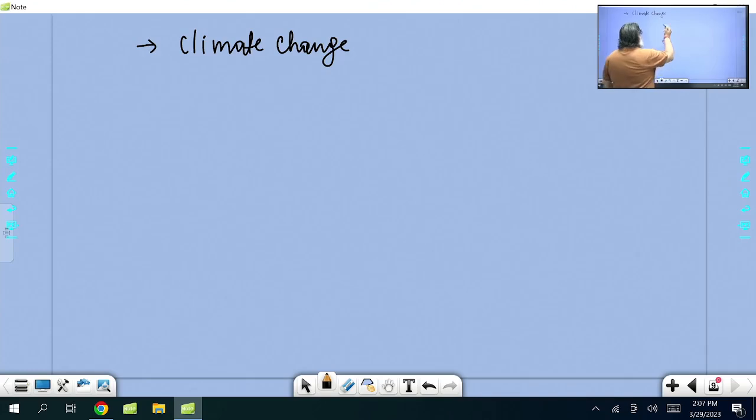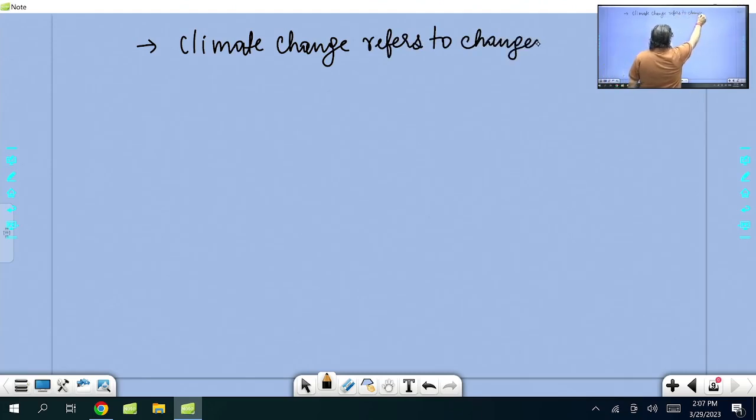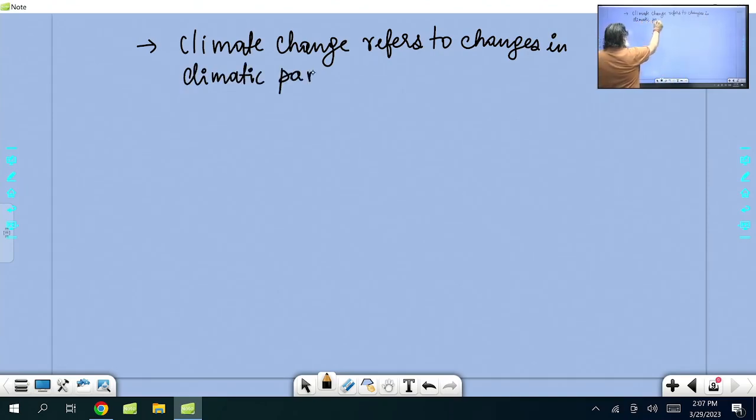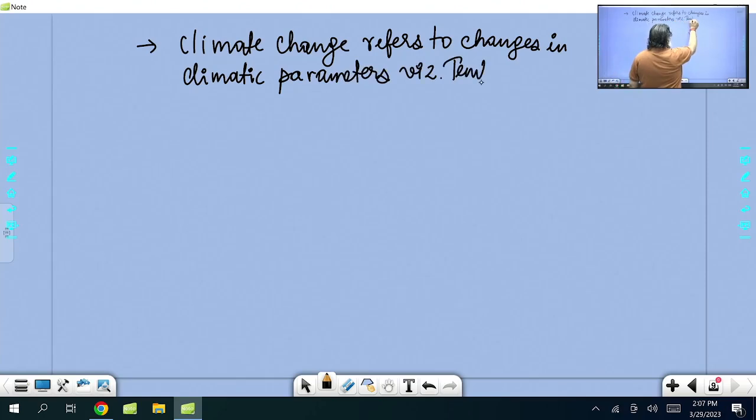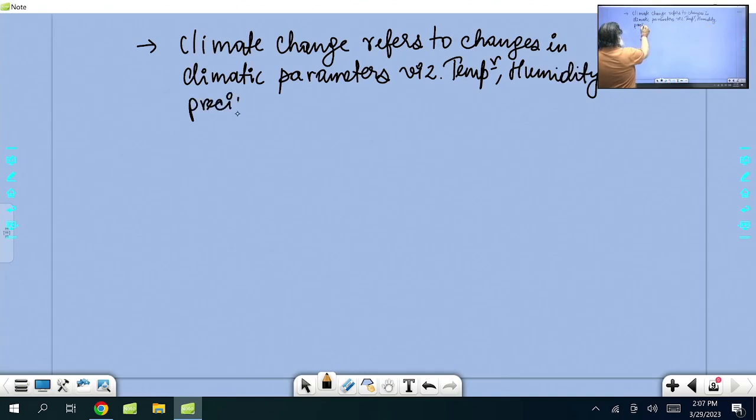So what is climate change? Climate change refers to changes in climatic parameters such as temperature, humidity, precipitation, rainfall.